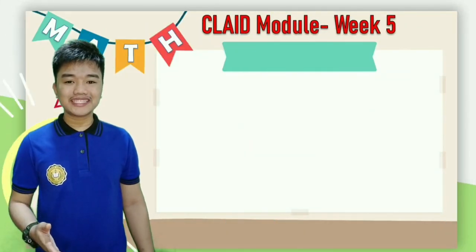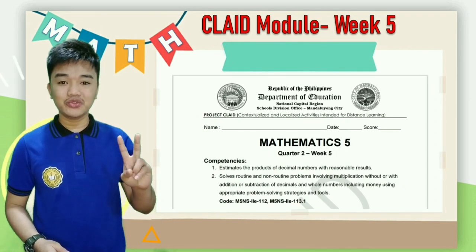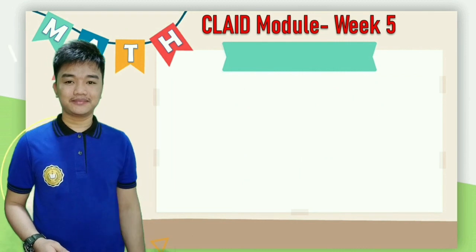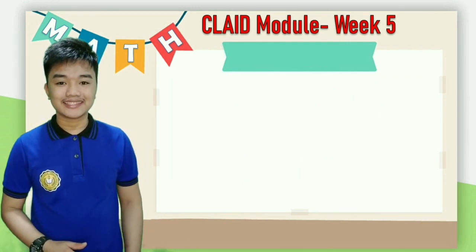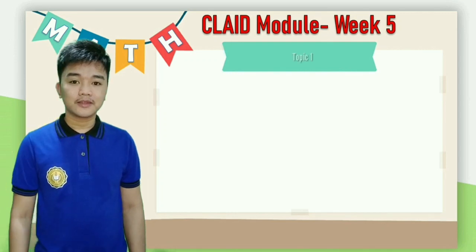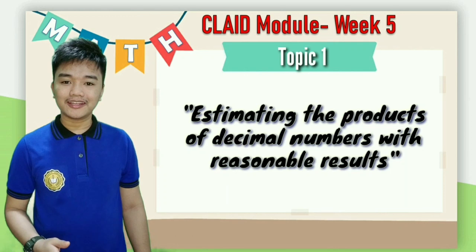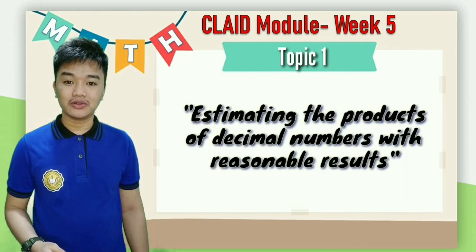Today, we're going to discuss the advanced lesson in Mathematics 5, Quarter 2, Week 5. Here are the topics that we're going to discuss. Topic 1. Estimating the product of decimal numbers with reasonable results.